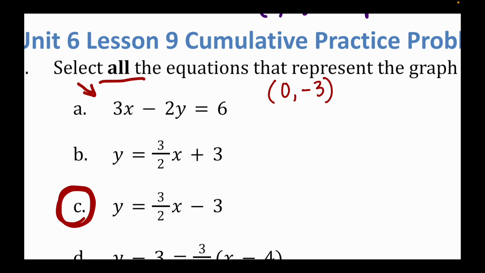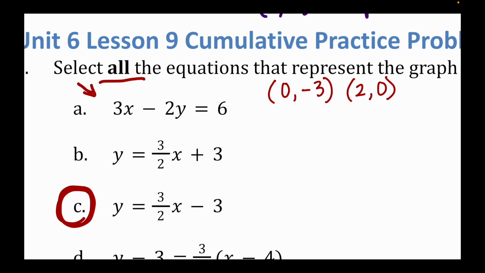Likewise, if we plugged in 0 for y, we would end up with 3x equal to 6, and that would give us the x value of 2, so 2 comma 0.